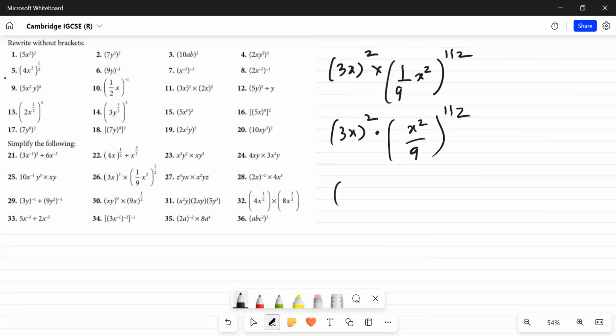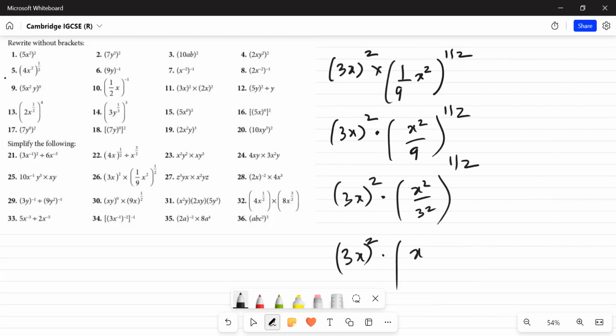Okay, (3x) the whole square into (x square by 9) can be written as (x square upon 3 square) raised to 1 upon 2. (3x) square as it is, I'm not changing this, into this whole can be written as (x upon 3) the square raised to 1 upon 2. So what do I get?